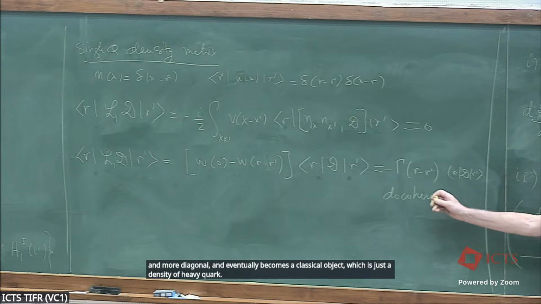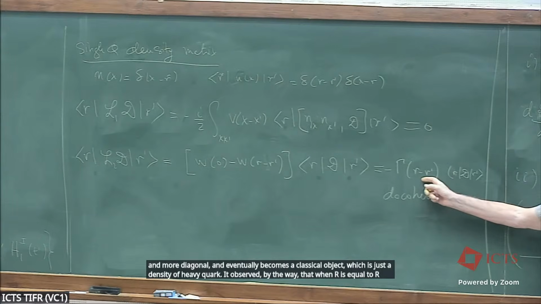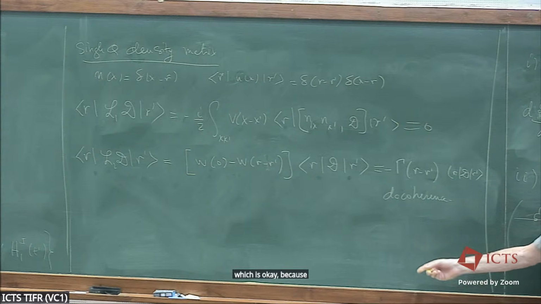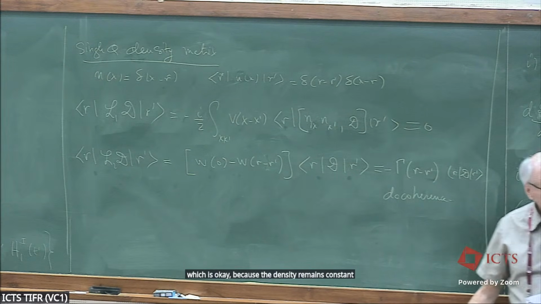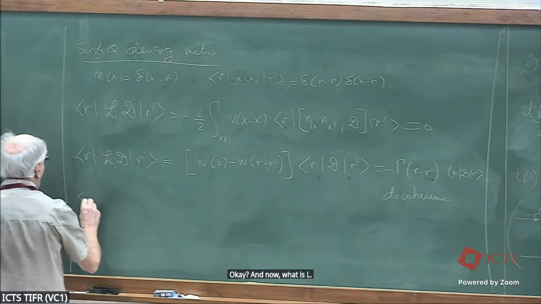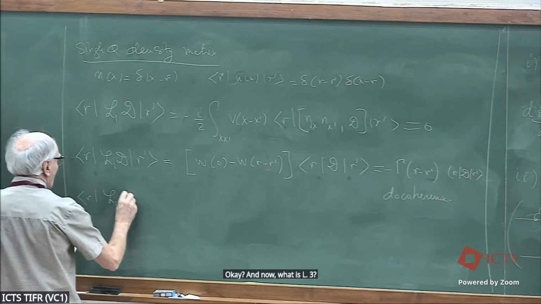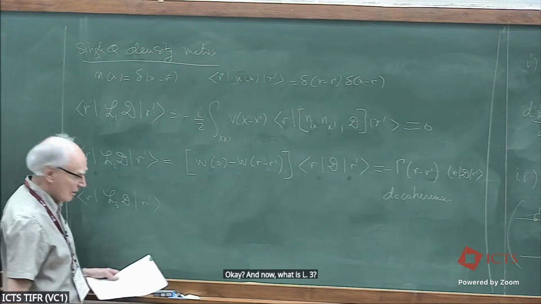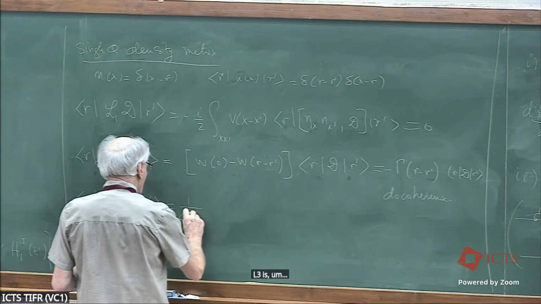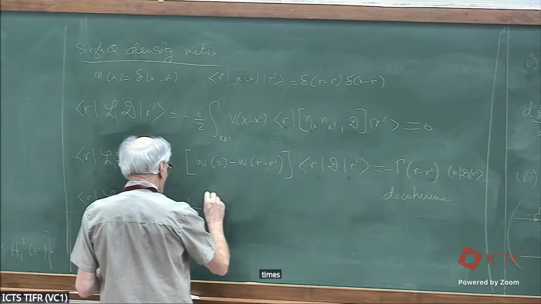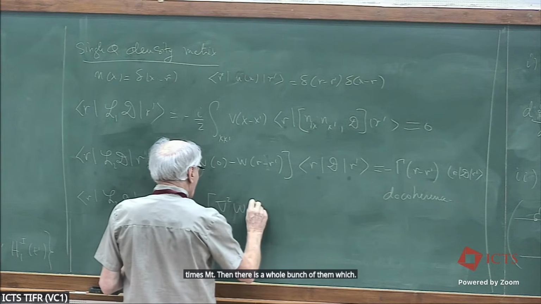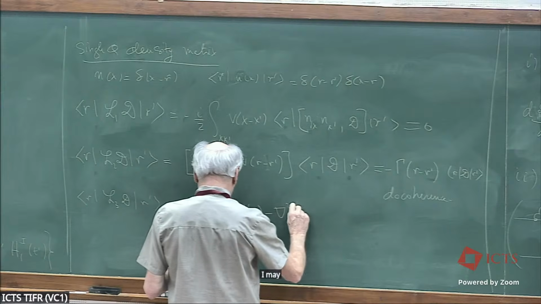You observe, by the way, that when r is equal to r prime, there is no decoherence, which is okay because the density remains constant. It cannot be damped by collisions. Okay? And now what is L3? L3 is 1 over 4 times mt. Then there is a whole bunch of terms, which I may write in full or not.